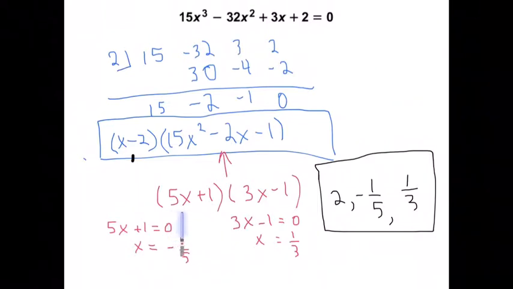And you're going to just factor that out as you normally would, and then set each factor to 0 and solve, and that will be your remaining rational roots. So the rational roots would be 2, that we can't forget, -1/5, and 1/3.